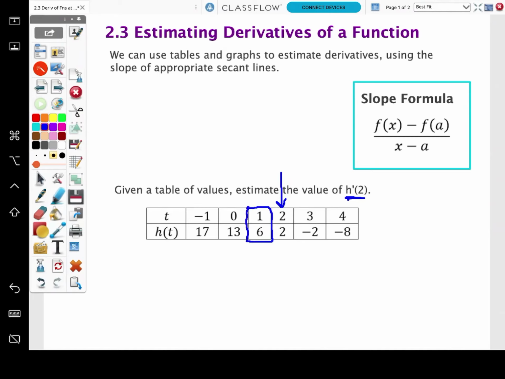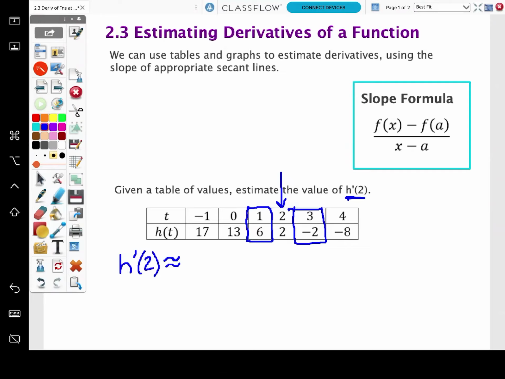So in our case, we're going to use the interval from 1 to 3. So we're going to use those values in our slope formula just like we normally would. Okay, check out this really cool notation here. Remember, it's approximately equal, so you have to use those squiggly ones.